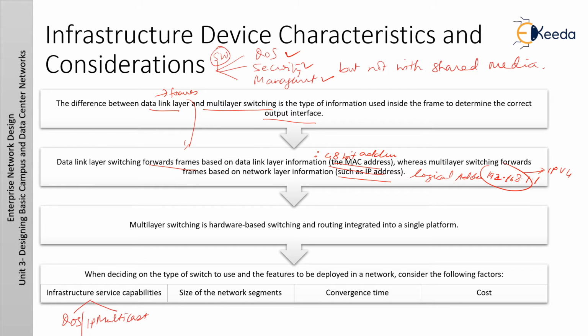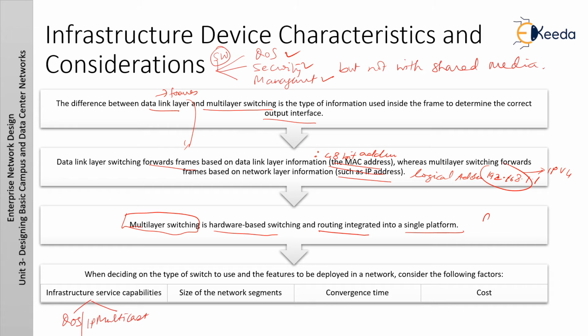If it is IP version 6, it is colon separated, and IP version 6 is 128-bit long. Multi-layer switching is hardware-based switching. Multi-layer switching means multiple layers are involved here. Routing is multi-layer; it is hardware-based switching and routing integrated into a single platform.